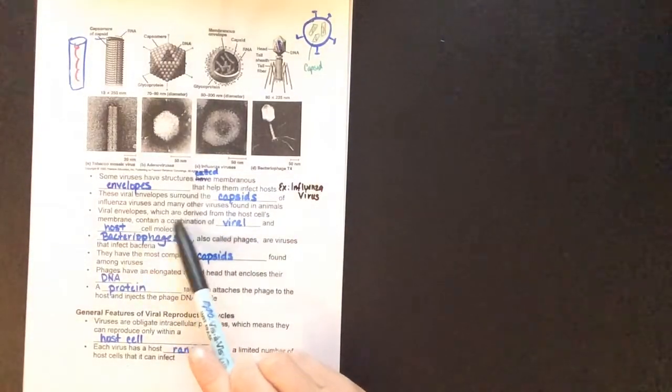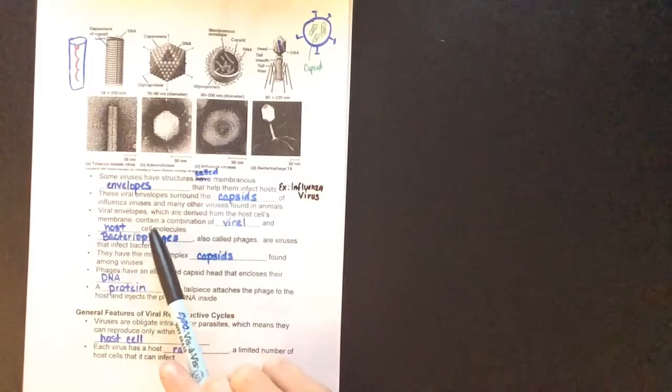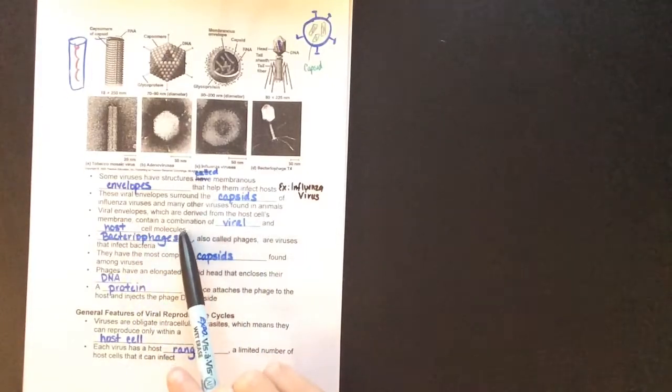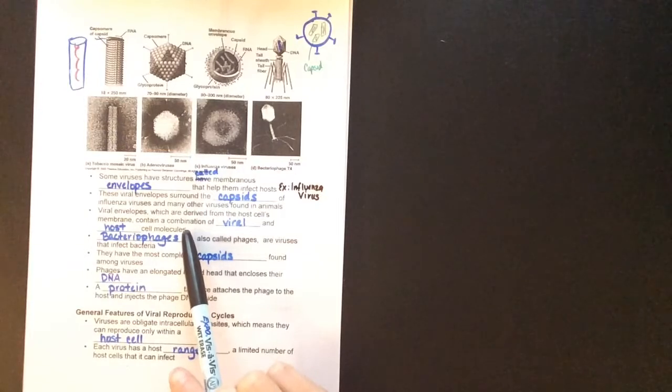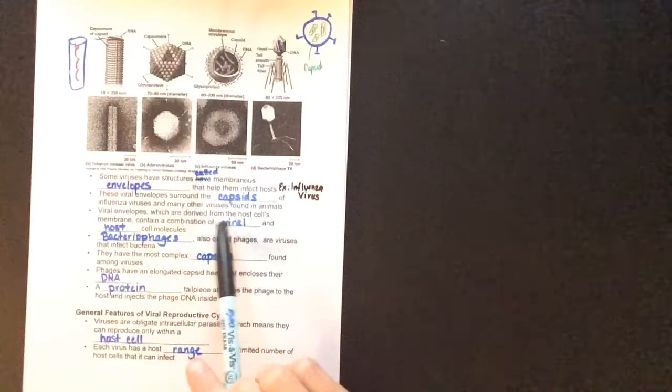The viral envelopes, which are derived from the host cell's membrane, and we'll look at that in just a second, contain a combination of viral and host cell molecules. The host cell is the cell that they're going to infect. And when we look at how they reproduce, that'll make a little bit more sense.